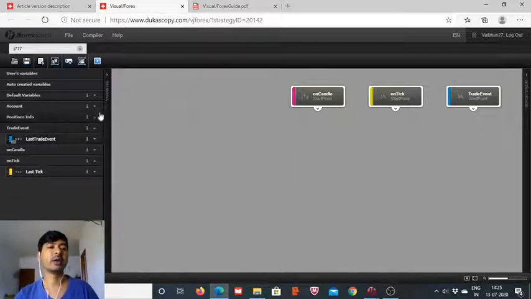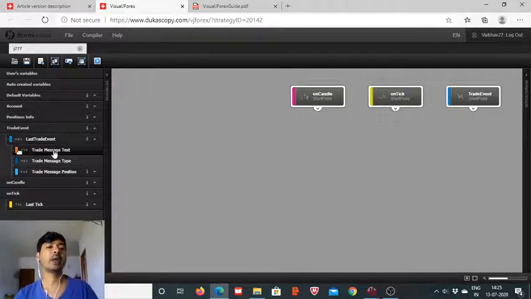If we consider the trade event parameters, you can have three types of variables available for use: string, the trade message text message type, the trade message type, and the trade message position.